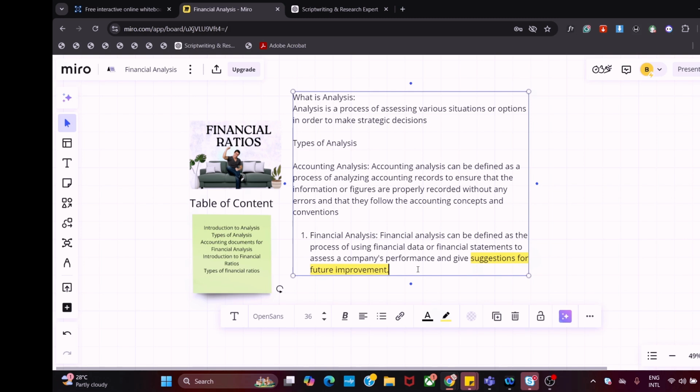For example, there's a student who is trying to go into the university. Maybe he feels, should I study medicine or should I study computer science? He would like to make an analysis by checking how much a computer science student is earning after graduation, and how much a medicine student is earning after graduation.